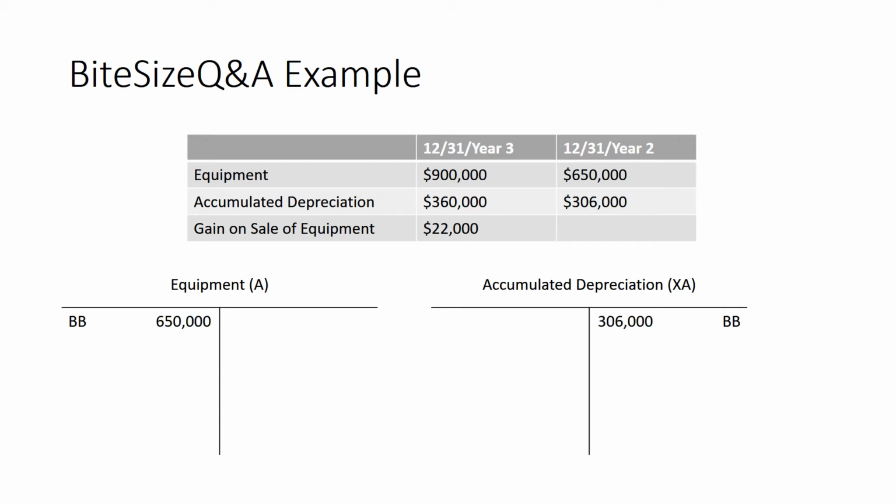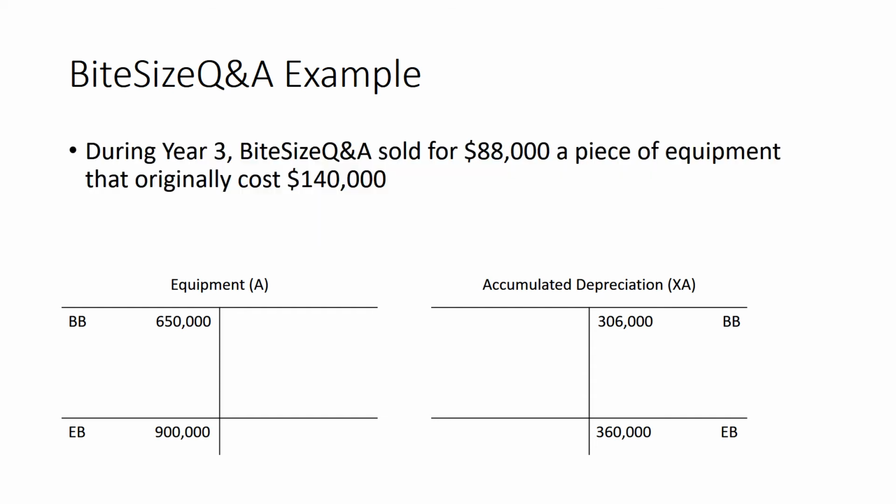So we can record $650,000 of beginning balance for equipment and $306,000 for accumulated depreciation. We also know the ending balance for equipment is $900,000, and for accumulated depreciation, that's $360,000. What else do we know?